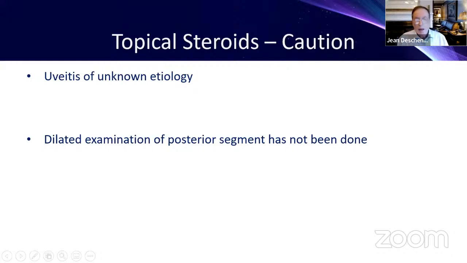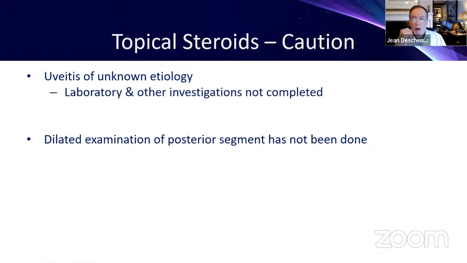Sometimes I do see patients sent to me for uncontrolled anterior uveitis. And in fact, we dilate the pupil, which hadn't been done, and look at the back of the eye. And the diagnosis is made by looking at the back of the eye. So with unknown etiology, of course, you have to do lab tests, X-rays as needed. You have to complete the investigation, and you have to rule out the infectious causes of the anterior uveitis.